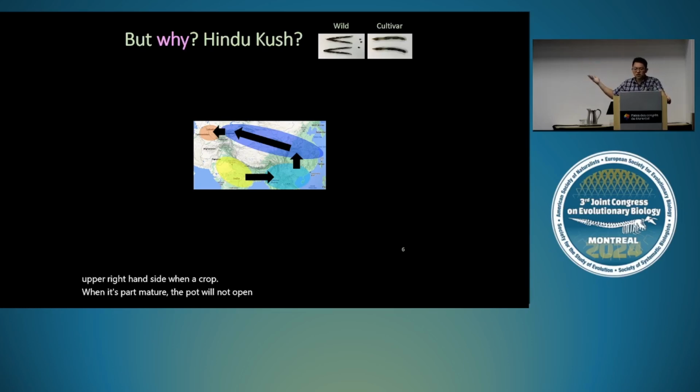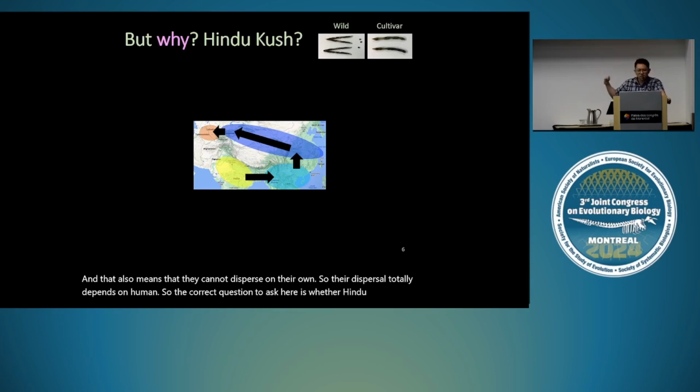This ensures yield, and that's one of the most important domestication traits in legumes. That also means that they cannot disperse on their own, so their dispersal totally depends on humans. So the correct question to ask here is whether the Hindu Kush is really a barrier for human seed exchange.